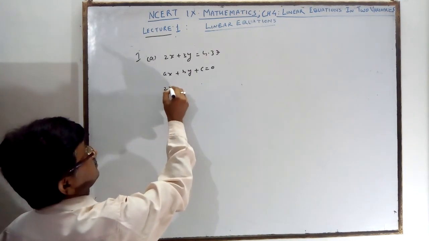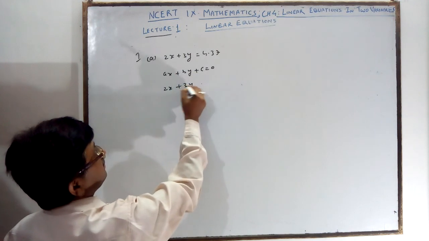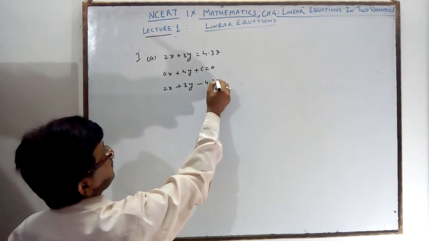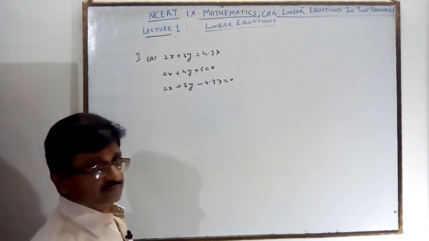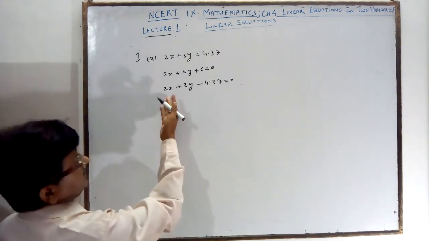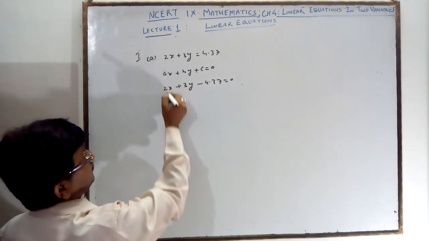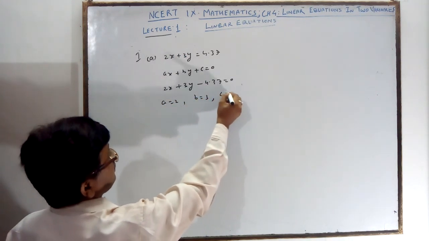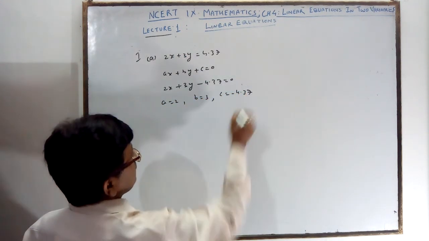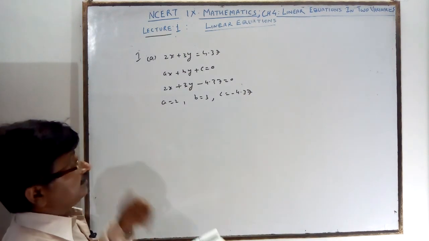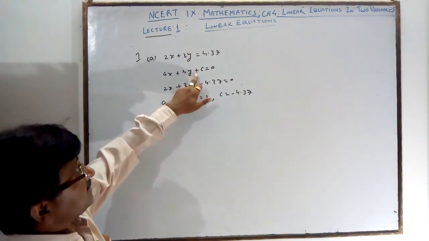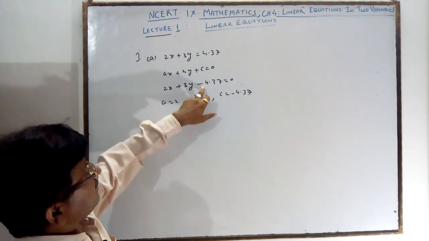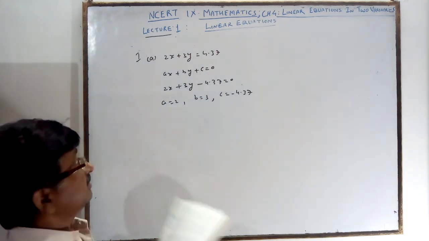So 2x plus 3y minus 4.37 is equal to 0. Comparing the coefficients, a is equal to 2, b is equal to 3, c is equal to minus 4.37, with the minus sign. Why? Because the standard form has a plus sign, and here you are getting negative, so the negative sign will be mentioned.